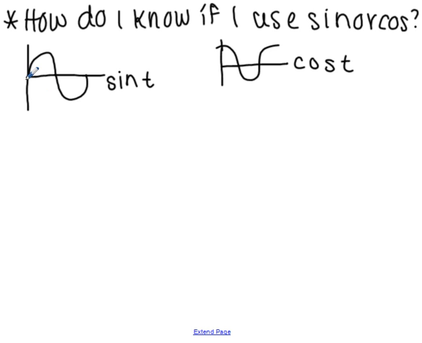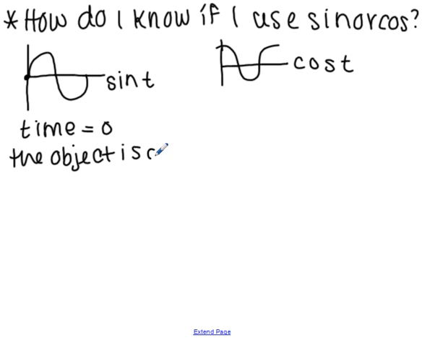If I notice right here, my time is 0, and it's at rest. So that means at time 0, the object is at rest with a distance equal to 0.